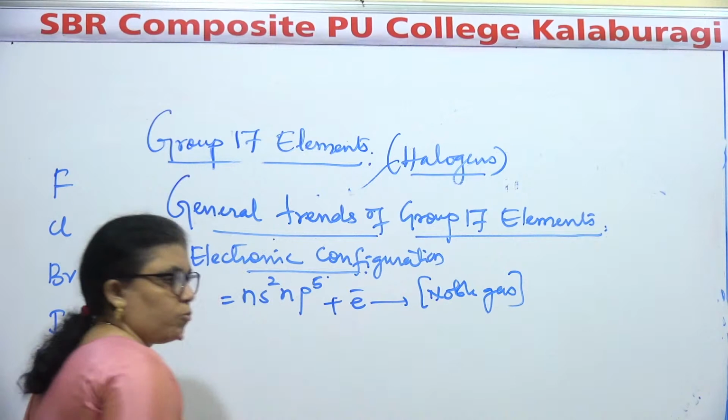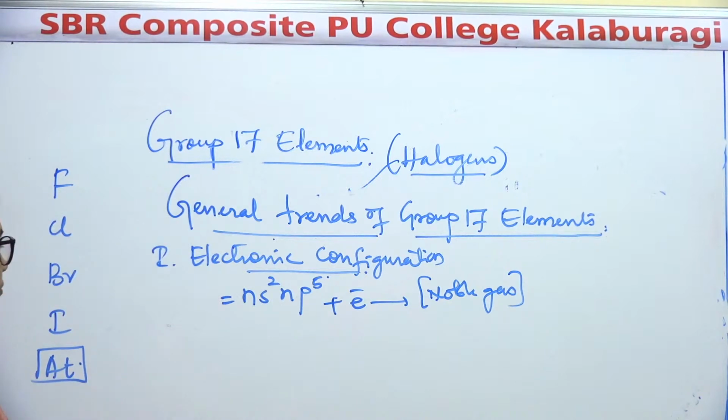With respect to electronegativity, these are the most electronegative elements. The atomic number of fluorine is 9, chlorine is 17, bromine is 35, and iodine is 53. Astatine is 85. We don't want that.